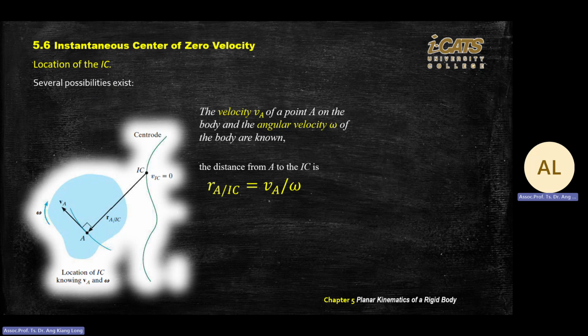R_A/IC, meaning from IC, is given by this formula: velocity divided by omega, or the formula that we memorized yesterday, V equals omega R. So for a rigid body, the conversion between velocity and omega is V equals omega R. And this is just a notation for where the position is. We are still using the ruler, the base referring to the V, and the body of your ruler referring to the direction of your IC.